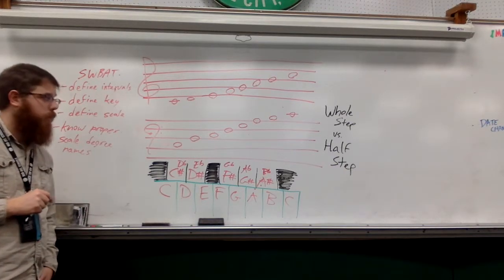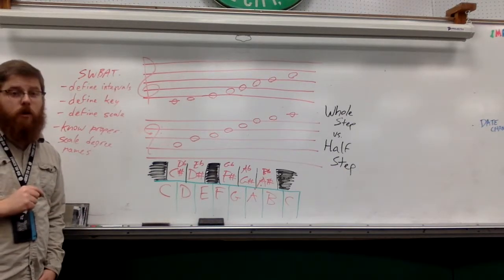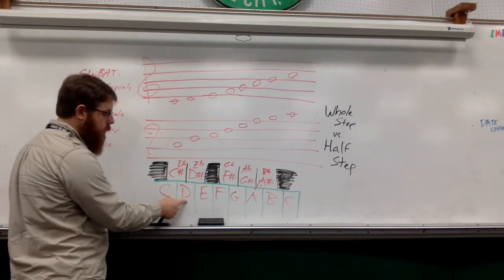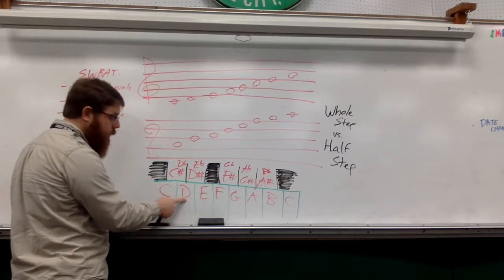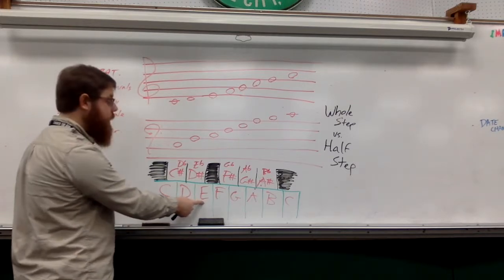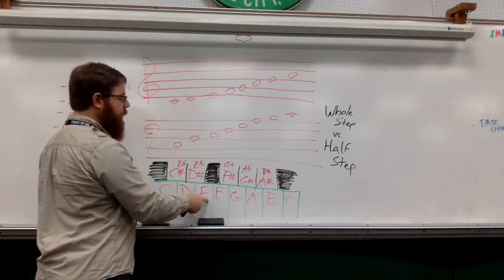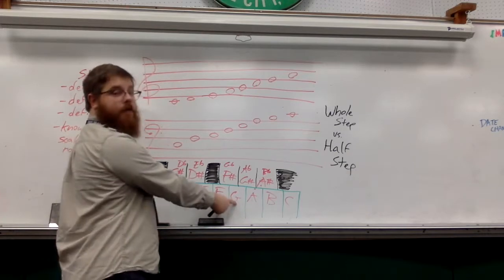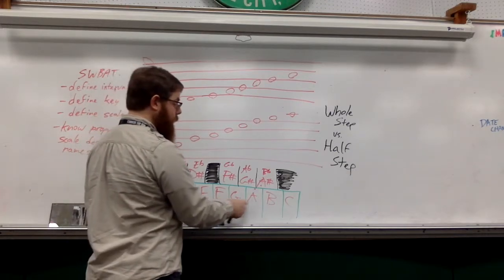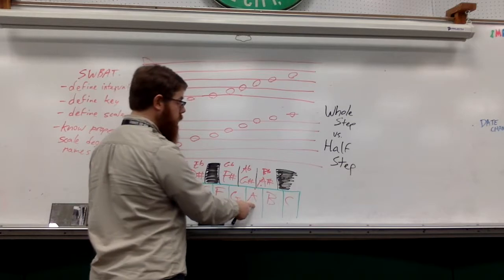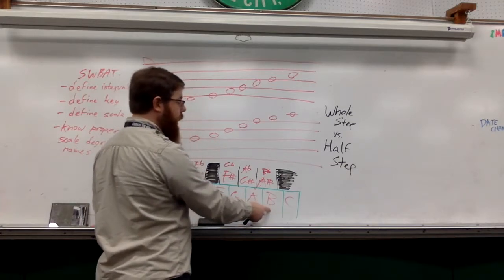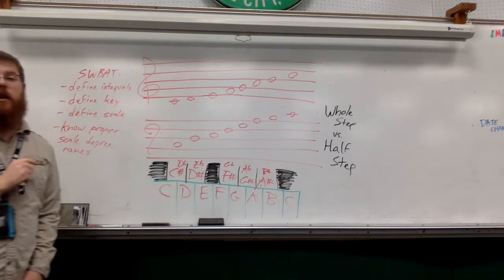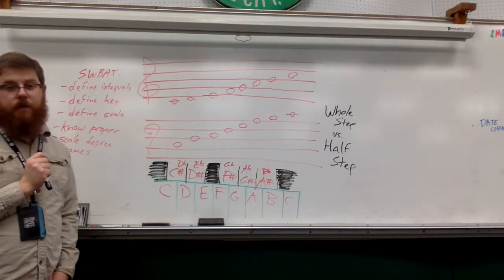So, when I'm looking at the C scale, I have a whole step, C to D, a whole step, D to E, a half step, E to F, because there's nothing in between them, a whole step, F to G, a whole step, G to A, a whole step, A to B, and then a half step, B to C, because again, there's nothing in between them.